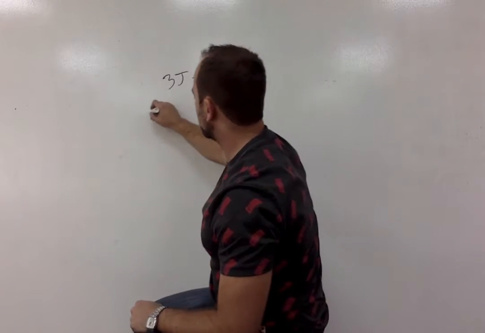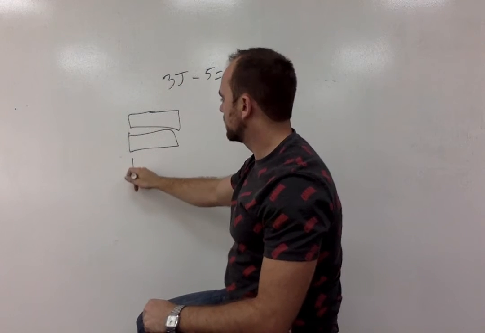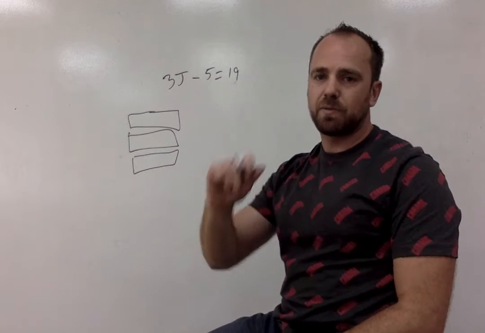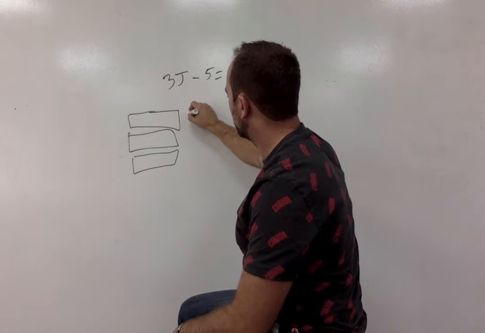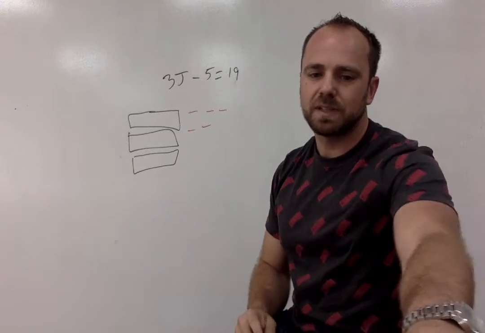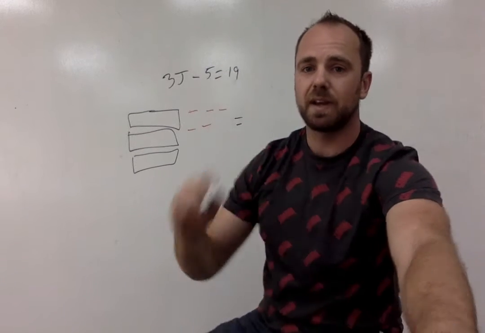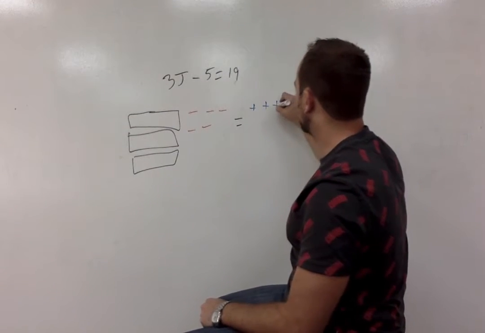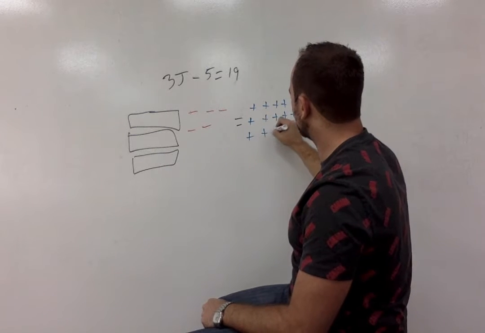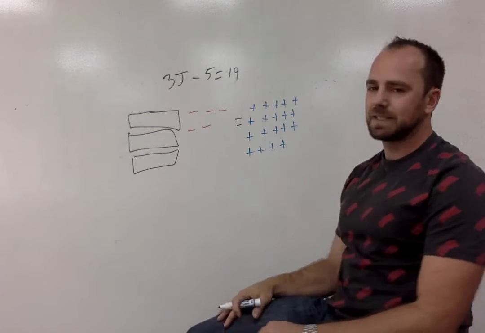So if I have 3 j's, I'm going to use some long strips to represent my variables. Minus 5, so I'm going to use my red. I'm going to have 1, 2, 3, 4, 5, and it's going to equal 19. So positive 19, so I'm going to use my blue. 1, 2, 3, 4, 5, 6, 7, 8, 9, 10, 11, 12, 13, 14, 15, 16, 17, 18, 19.